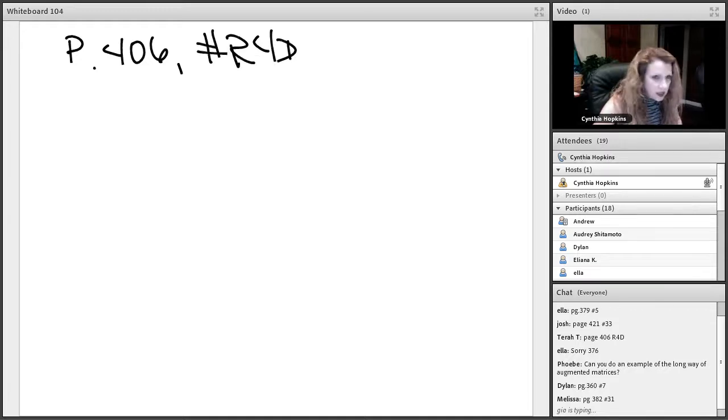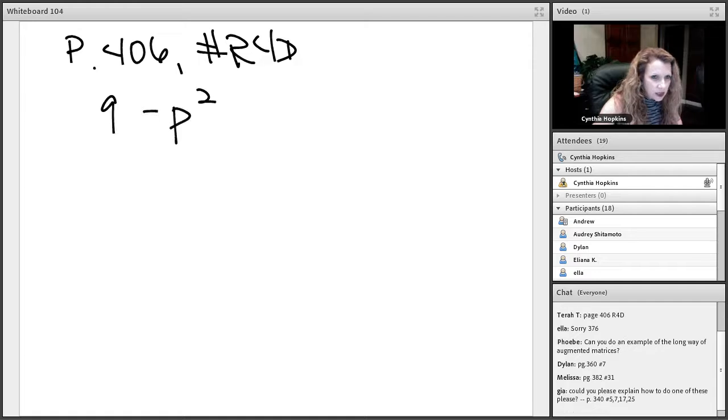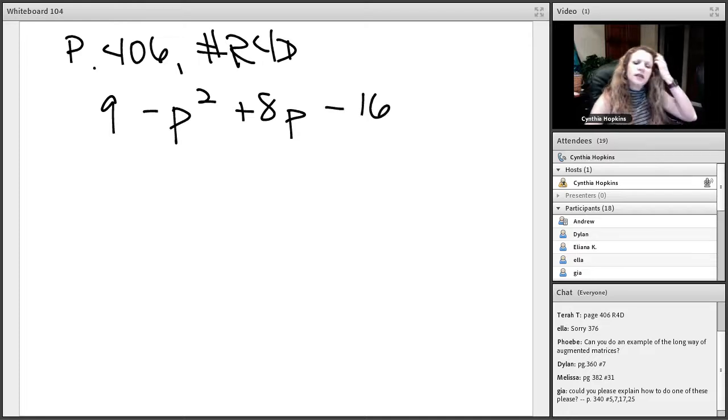All right, they gave you 9 minus p squared plus 8p minus 16. All right, so as soon as I see 4 terms, I know I'm going to group. And when you have 4 terms that you're going to group, you want to look for either 3 and 1 or 1 and 3 first. So I'm going to underline the last 3 terms there.